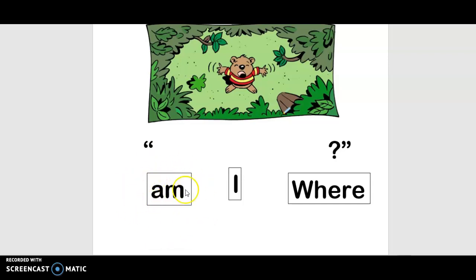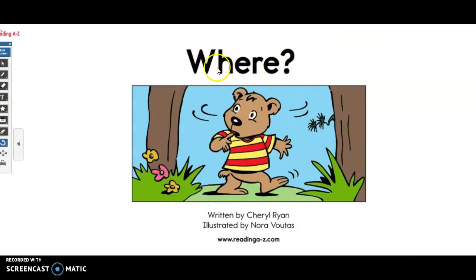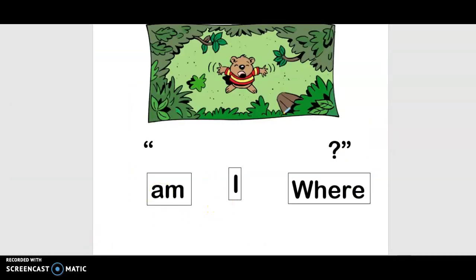Am. Am. This sight word is am. And this is the title of our book over here. We kind of practiced that word yesterday. Do you remember what this word is? W-H-E-R-E. Let's go back and look at the title of the book. Ooh, W-H-E-R-E. This word is where.